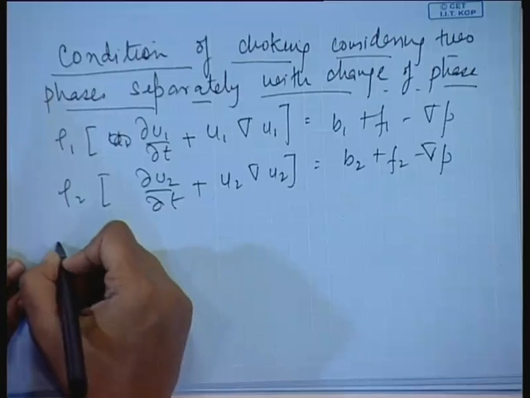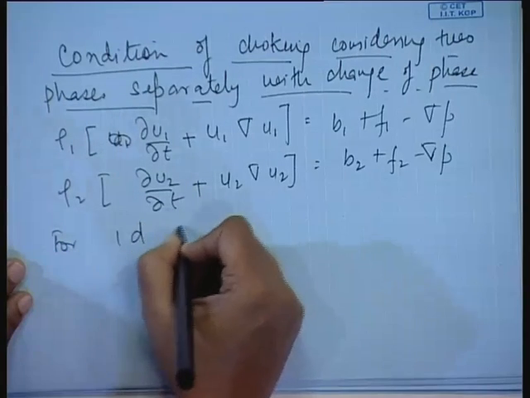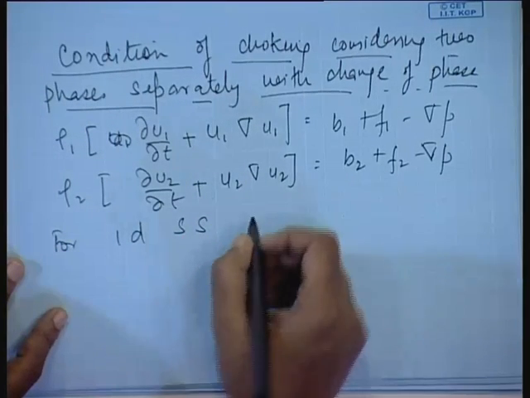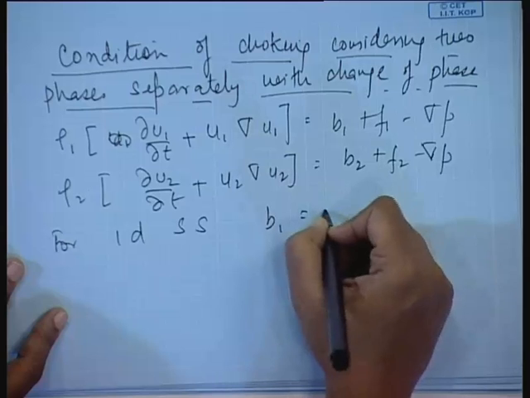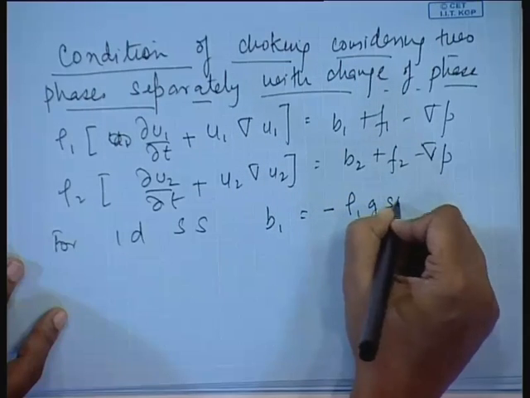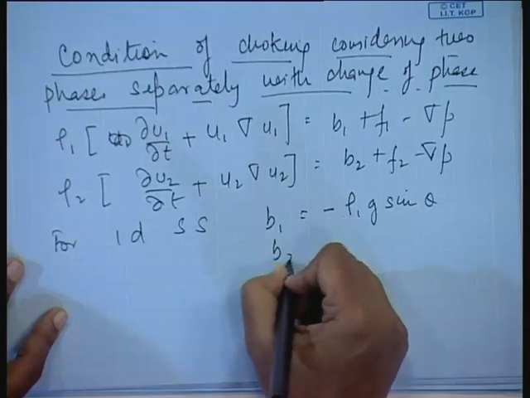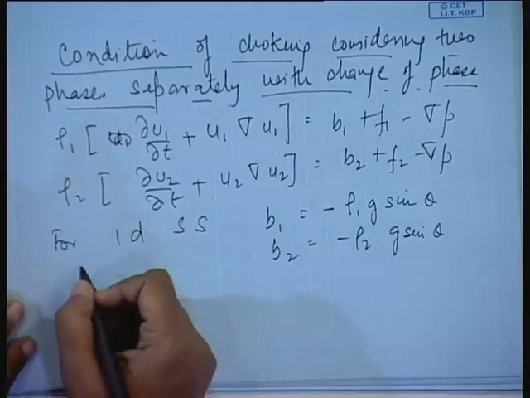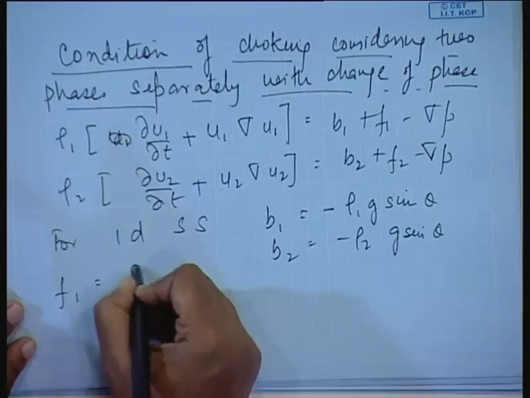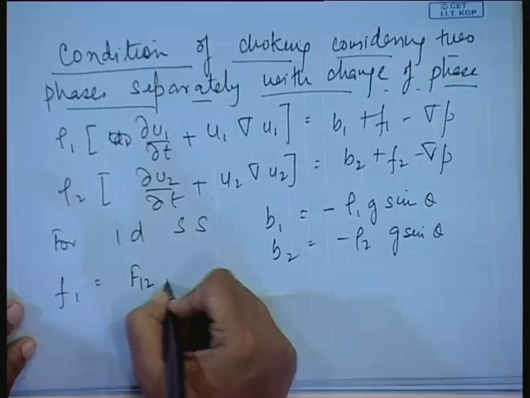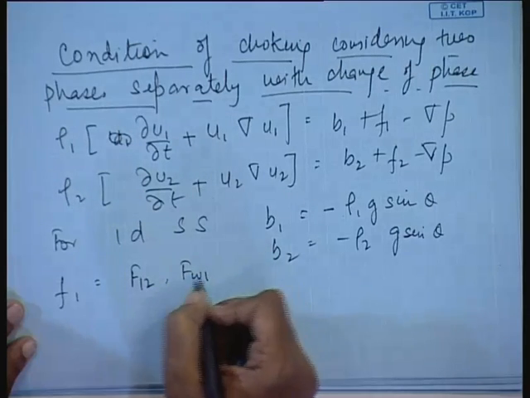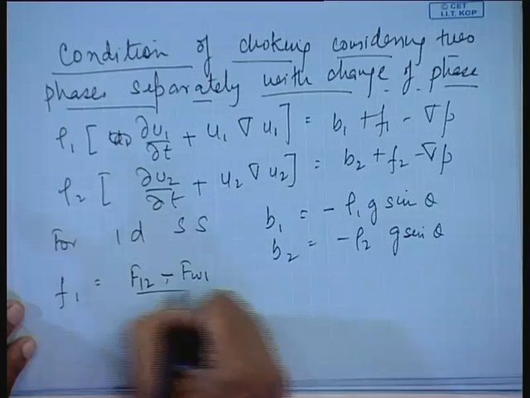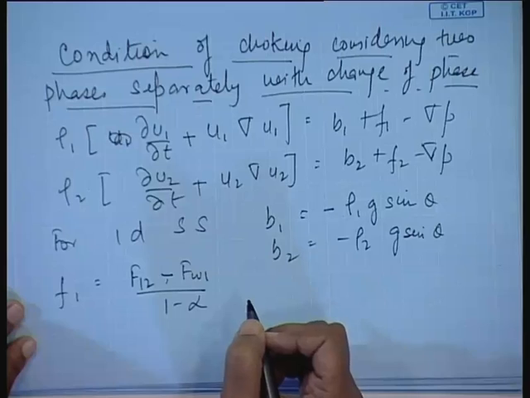Okay. So, for the one dimensional steady state case, we knew that b1 is nothing but minus rho 1 g sin theta, b2 was equal to minus rho 2 g sin theta, and we knew that f1 comprised of fw1, divided by 1 minus alpha.